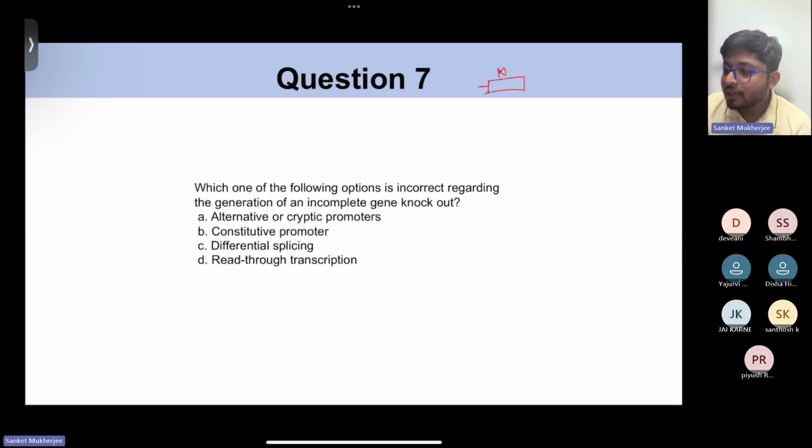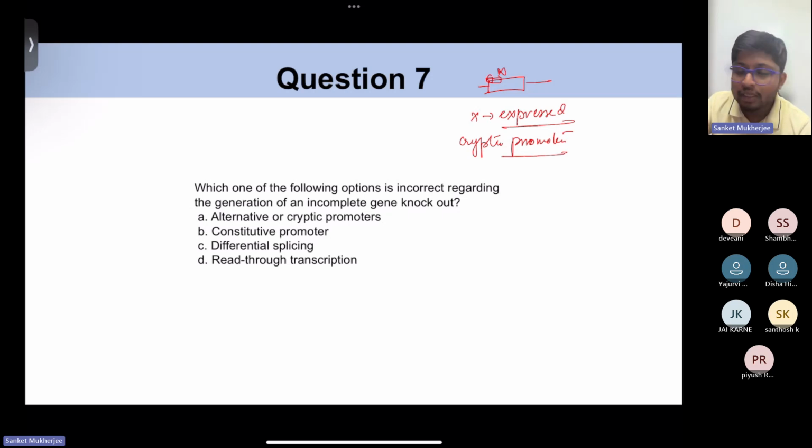There could be a possibility that gene X is expressed but at a very low level because of the incomplete knockout, because of the expression of cryptic promoters. So some of the promoter remains, and essentially the entire gene is not removed. That could be one of the possibilities.